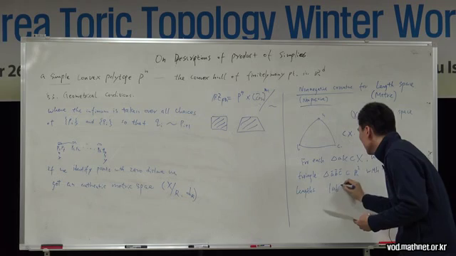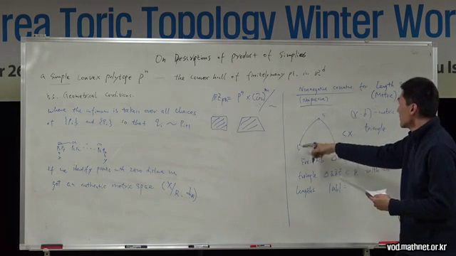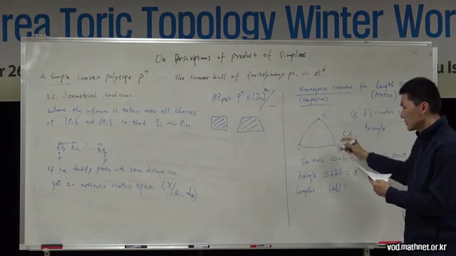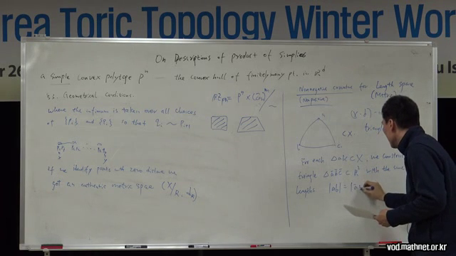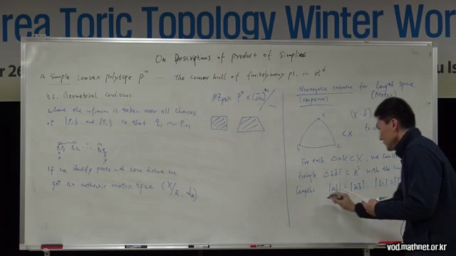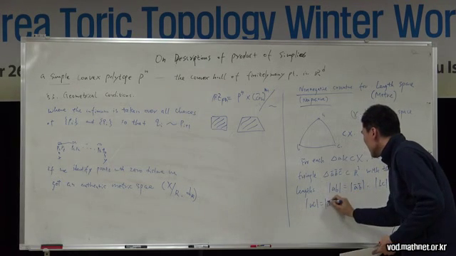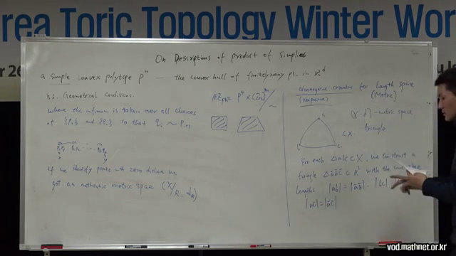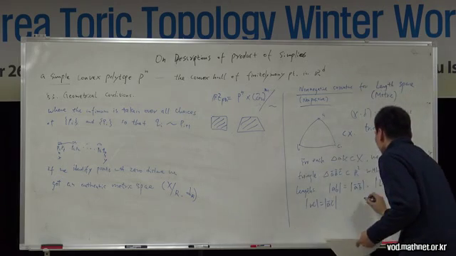It means the length of the curve between A and B equals the length of A bar, B bar, and BC equals B bar, C bar, and AC equals A bar, C bar.